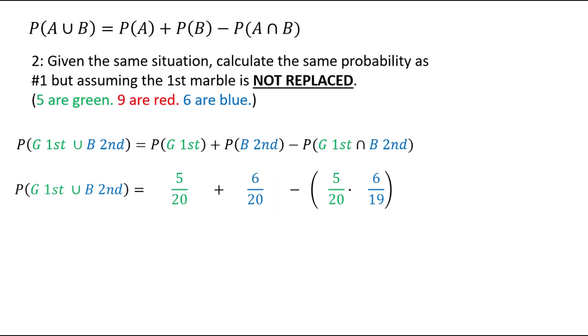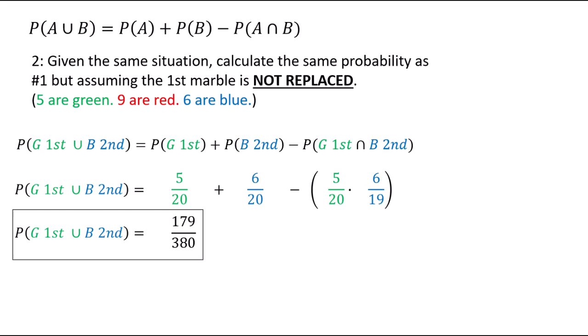And then we'll subtract the intersection, so the chance of us picking a green one first and a blue one second. And that's a possibility. But because the blue one is with the green one there, it's the intersection, it's something and something else happening, we treat it as a dependent event, and that 19 is there in the denominator because after we pick one marble, there's one less in that bag, so we're left with 19 marbles.